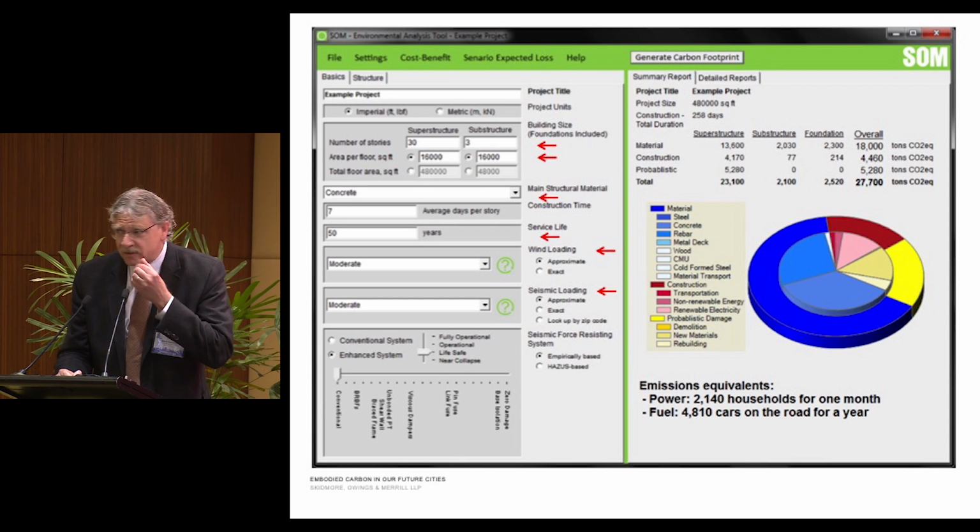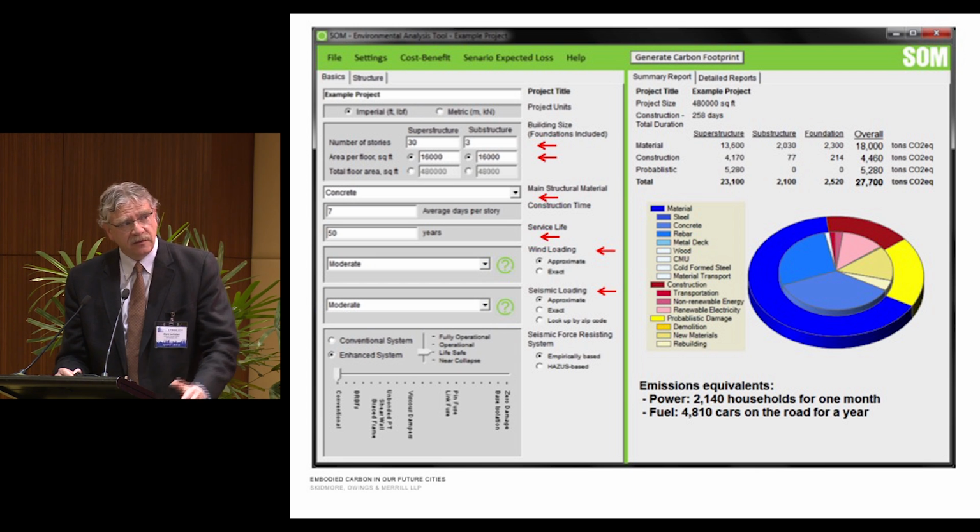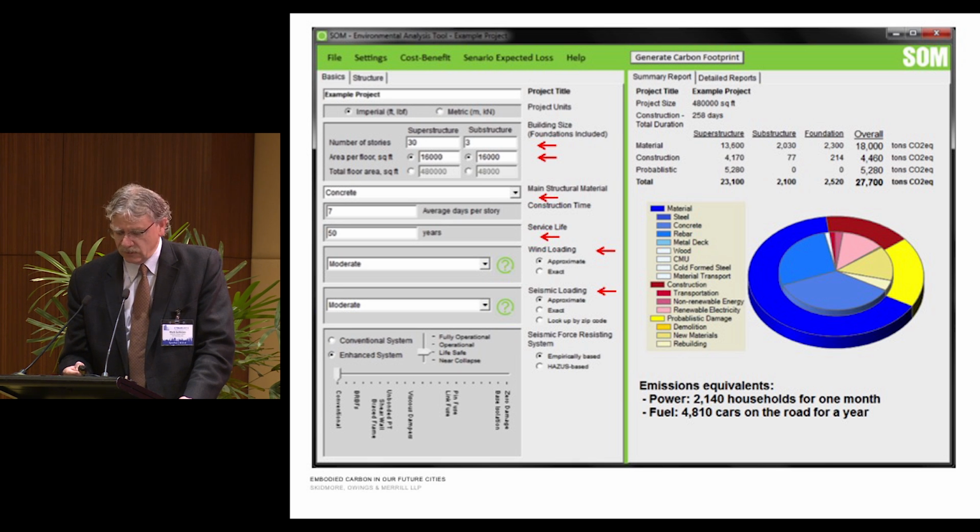So this is an interface. It's a work in progress. We can debate it. But what this does is it takes those primary components and it comes up with a calculation for material, construction, and damage. And material is shown in blue, construction is shown in red, and damage, probabilistic damage, is shown in yellow.